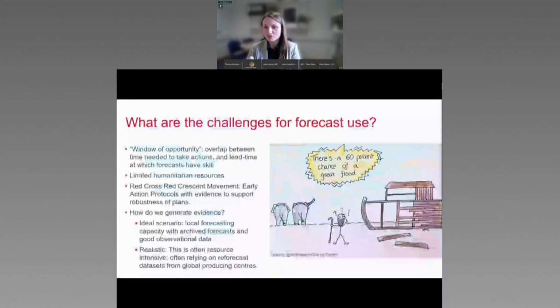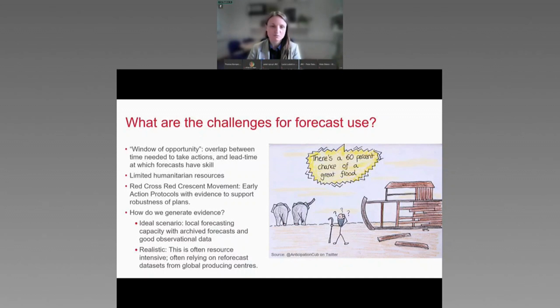When it comes to using forecasts, there are several challenges related to their use. Within the humanitarian community, we have a window of opportunity for taking action, and that's the overlap between the time needed to take the actions and the lead time at which those forecasts have skill.